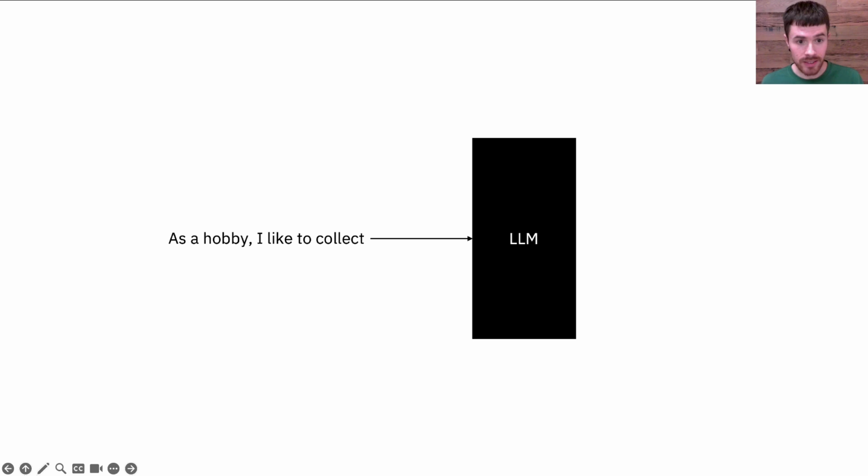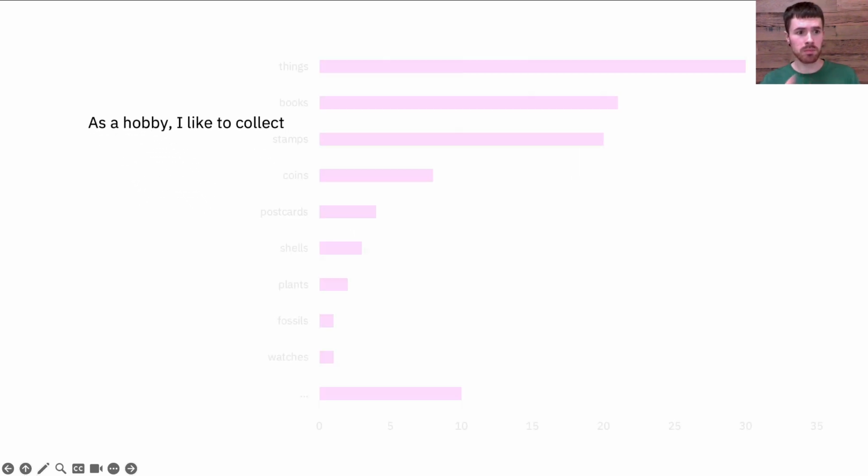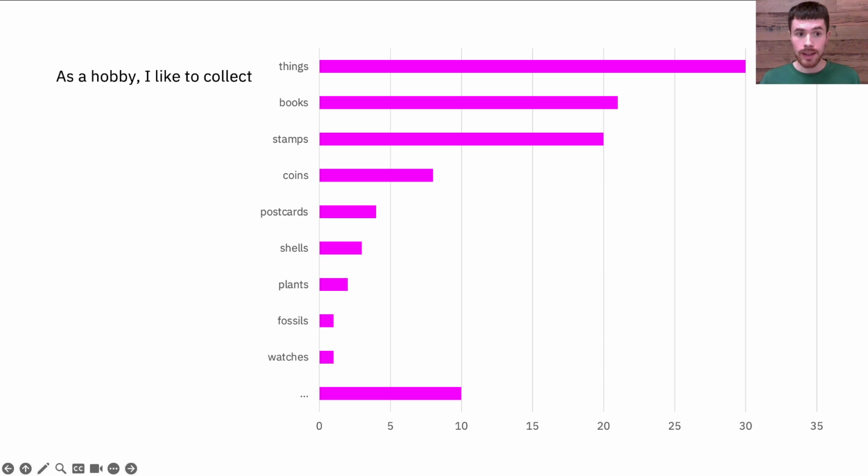So literally, I take a language model and the language model processes this thing somehow, and it tells me that, for example, the next word that should come after this is with a 30% likelihood things. So it's 30% likely that I will have the sentence, as a hobby, I like to collect things.